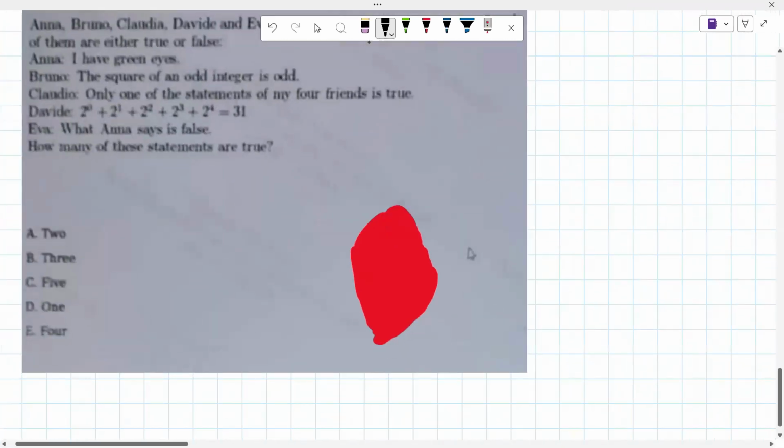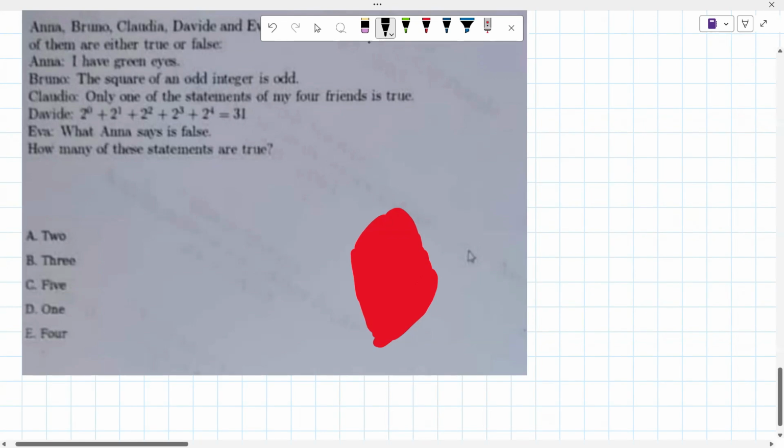First things first, you need to realize which of the statements we can solve by ourselves without logic, if there is some mathematical problem or some fact. For example, Bruna states the square of an odd integer is odd. Is this true or false? She's telling us we take an odd number, square it, and the result is also odd.